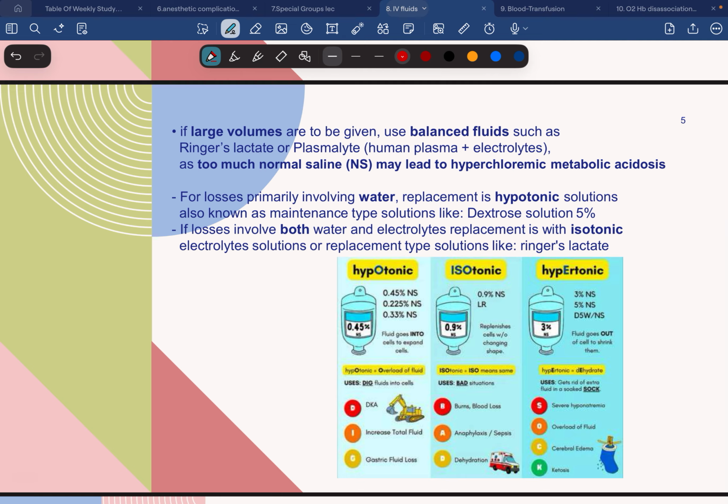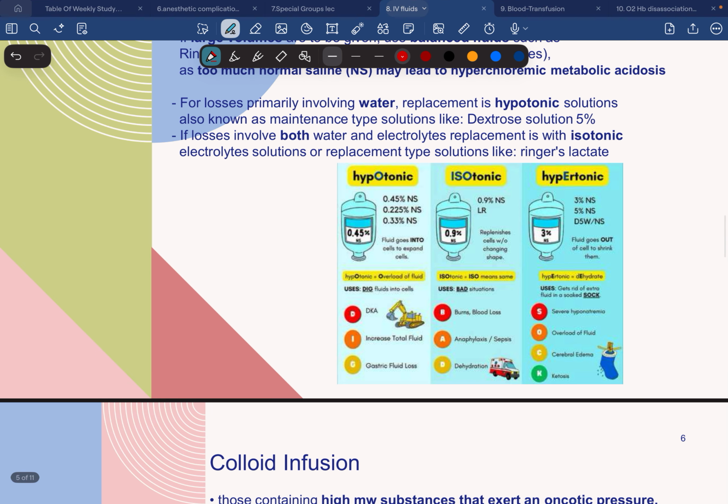If you give hypertonic fluid, the cells will start shrinking because the fluid will start moving out of the cells. So you need to watch out for that. In cases of cerebral edema, that's exactly what we want. We want to withdraw the fluid from the cells, so we can give hypertonic saline. Sometimes we use mannitol for the same thing, with the same idea.